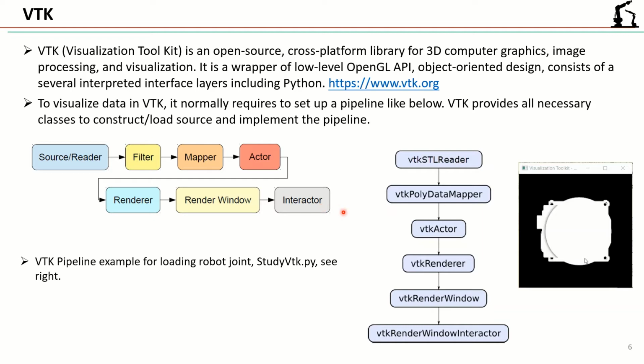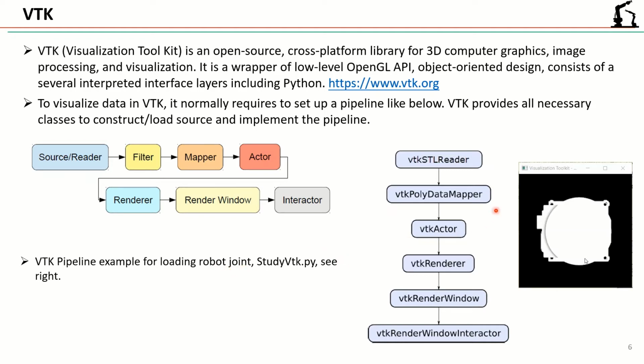And the last, the interactor class, provides window interaction by using mouse and keyboard. So we can use this class to interact with all the actors in the render window, like zoom in, rotation, pan, and so on. So here shows one VTK pipeline program example, which loads the robot joint, basically joint 0.